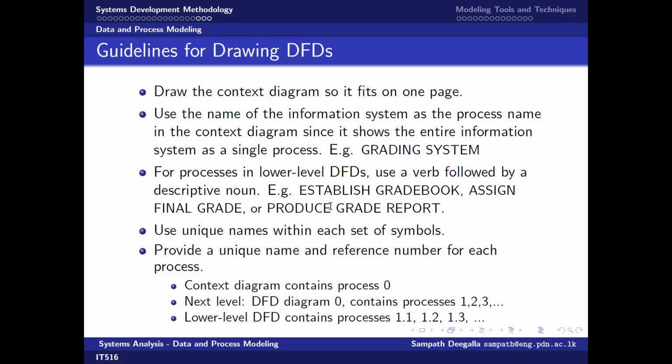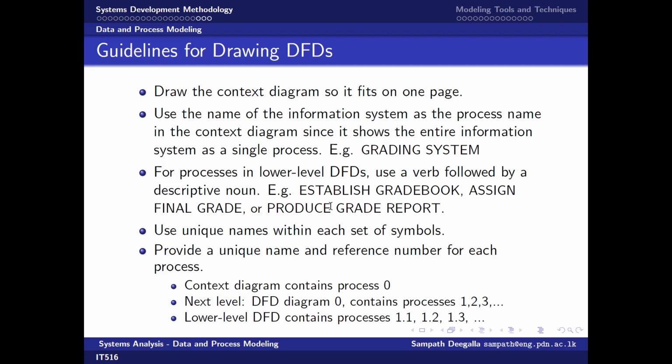Right, now a few guidelines before you start drawing data flow diagrams. Usually we try to limit the diagram to one page. That's the standard, but you can definitely go beyond that depending on your requirements. And whatever the system name, that will be used in what we call the context diagram.